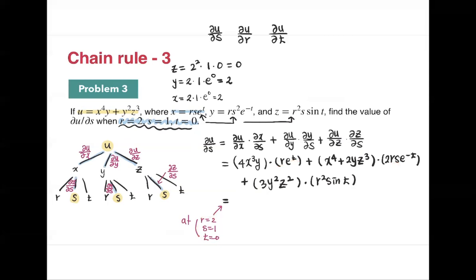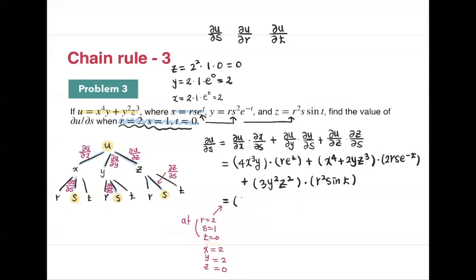And since we know x, y, z at this point, we can put this together, so that we do not need to simplify this with respect to r, s, t. We just put r, s, t together with x, y, z, okay? Because we can calculate the corresponding points with respect to these given r, s, and t.